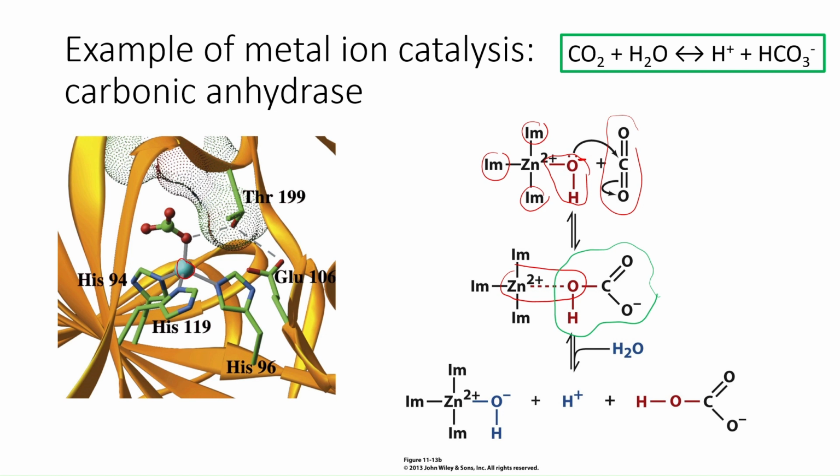And so then with the addition of a second water molecule, that helps to displace that bicarbonate ion product, and then we sort of reset the enzyme in its original state, where that water, the oxygen and the hydrogen are coordinating with that zinc ion, and then the proton is free. And then, of course, we have our product, which is the bicarb that we released. And so you can see how that metal ion, that zinc, helps to stabilize the reactants a lot to help make this reaction happen.